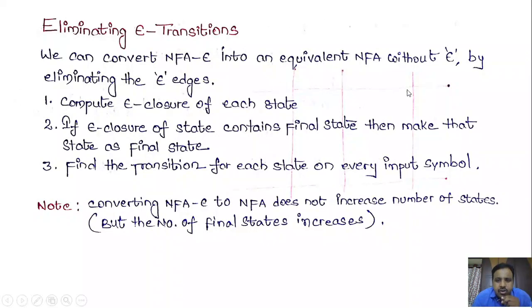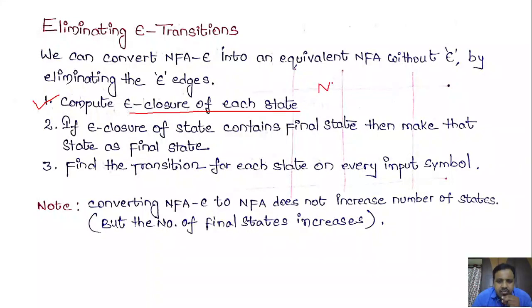So how do we remove them? First, you have to compute the epsilon closure of each state. The very first step during the conversion is to compute the epsilon closure of each state in the NFA with epsilon.